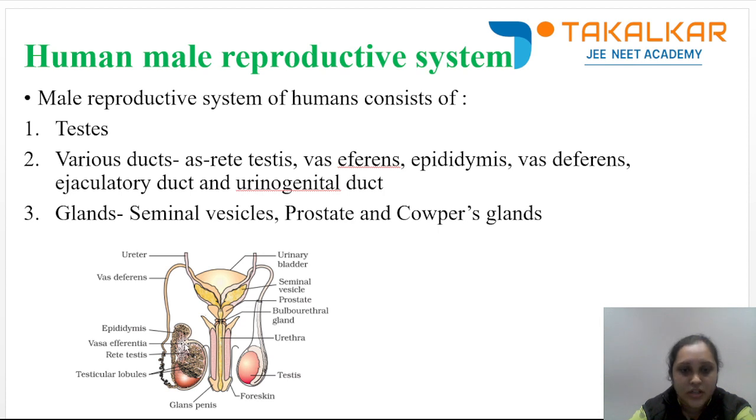There is rete testis, vasa efferentia, epididymis, a tube-like structure which is the vas deferens, ejaculatory duct, and urogenital duct. Three glands, seminal vesicle, prostate, and bulbourethral gland, are involved in the male reproductive system.